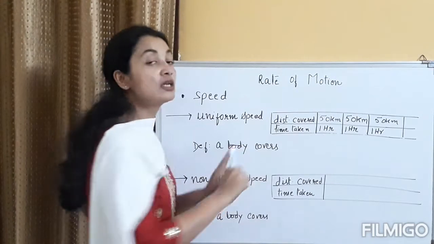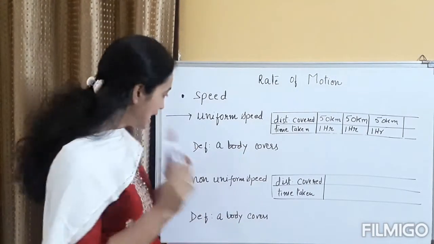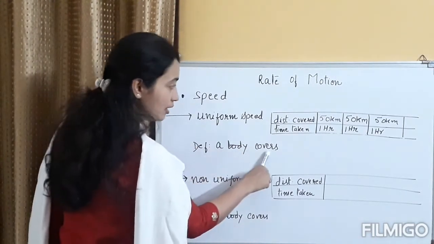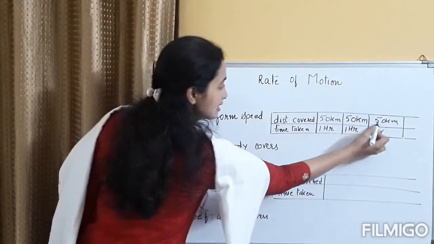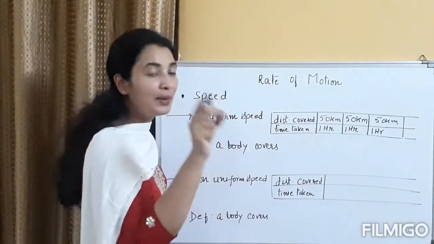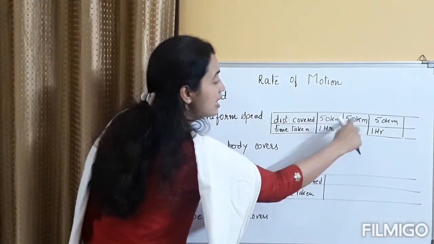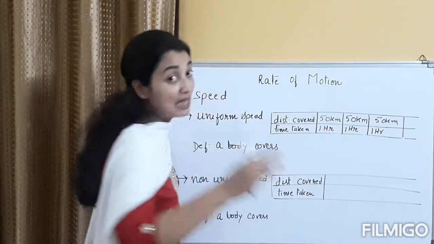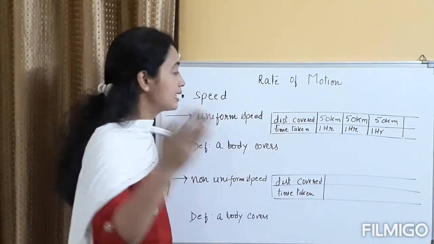Now can you put it in words or define it? A body covers what type of distances? Equal distances. You can very quickly make out that the distance covered is 50, 50, 50. It can be 40, it can be 60, just an example.